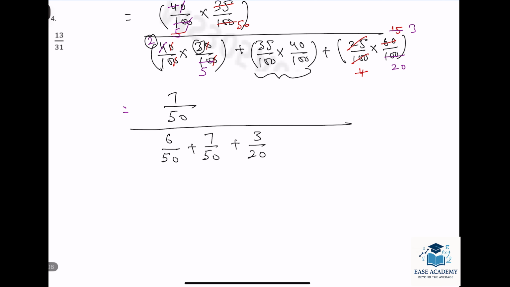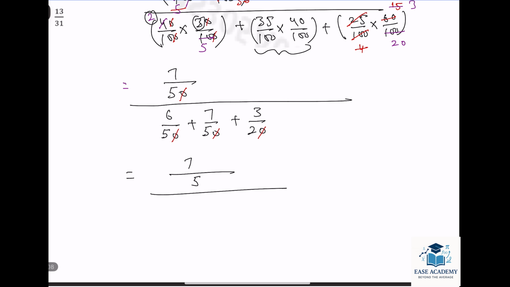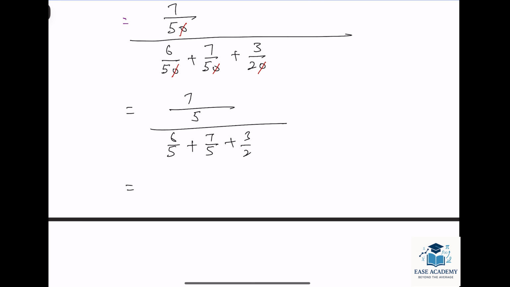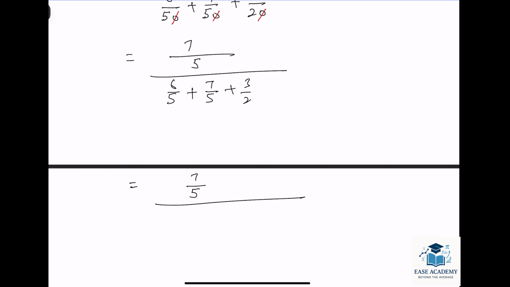Clearly the zeros cancel out. I'm just using simple rules of algebra, so don't be confused by these things. So I have 6 by 50, 7 by 50, and 3 by 20.